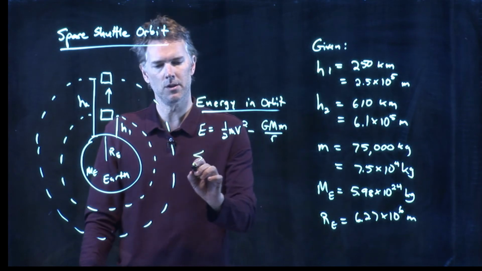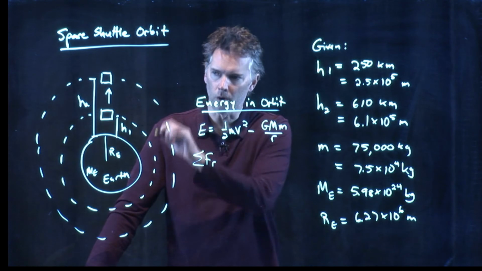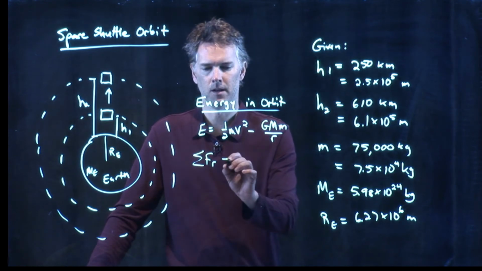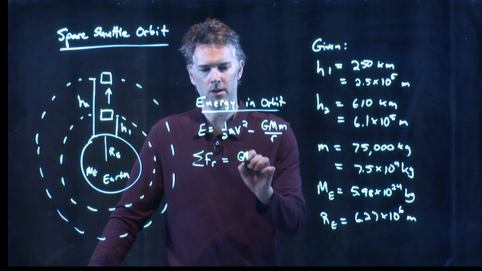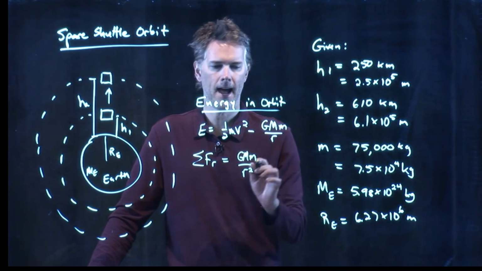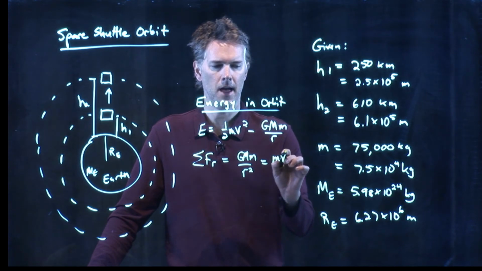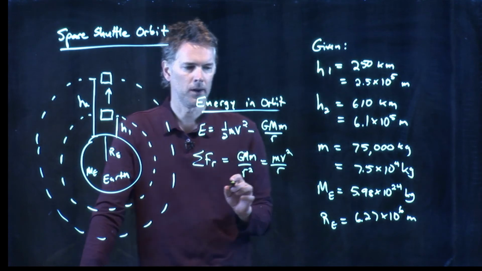And the other equation that we use is summing the forces for circular motion. There's only one force here, which is gravity, GMm over r squared. All of that has to equal mv squared over r. And now look what happens.